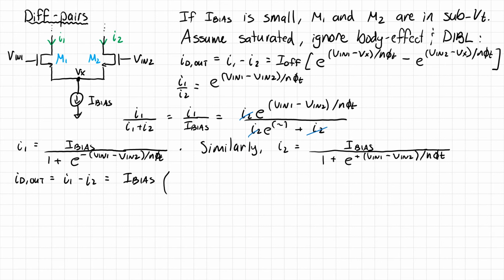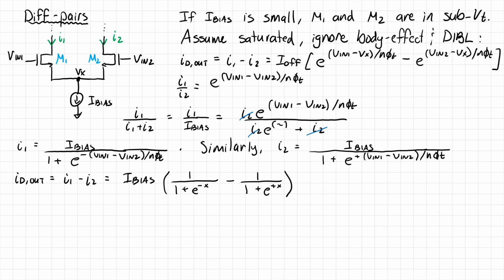We get 1 over 1 plus e to the minus x, where x in this case is just (V in 1 minus V in 2) over n phi t, I'm just replacing that with x to make this easier, minus 1 over 1 plus e to the plus x, where again x is just equal to (V in 1 minus V in 2) over n phi t.